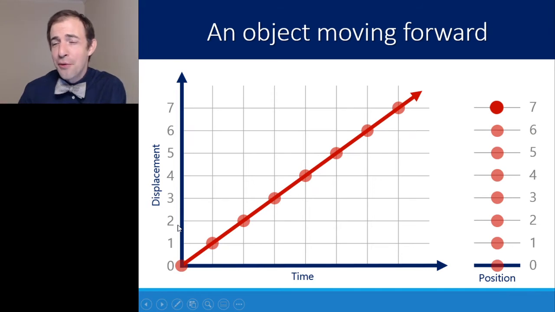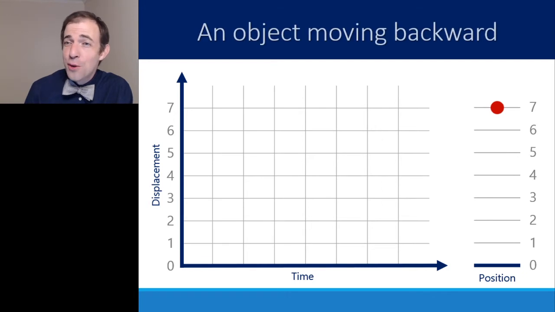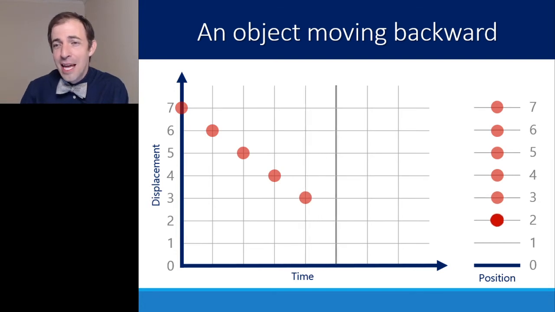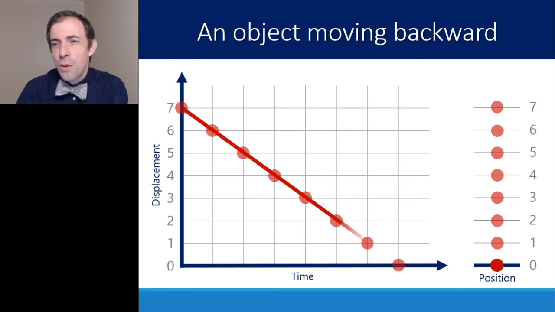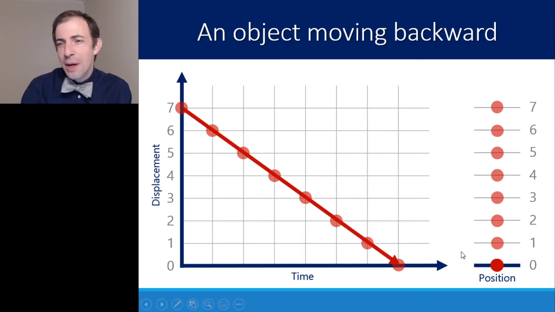So an object moving forward is this straight line, in this case for constant velocity, moving upward as the displacement is getting bigger, so a positive slope. I can also show an object moving backward. Let's start it out here at 7 and then drop it down all the way to 0. And we can see that as the time increases, the displacement decreases, which gives me an overall trend here that's negative, a slope that's negative going down.